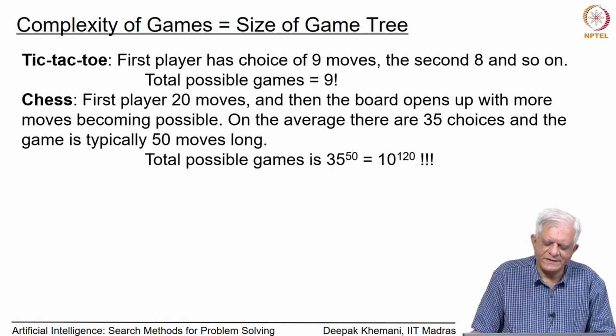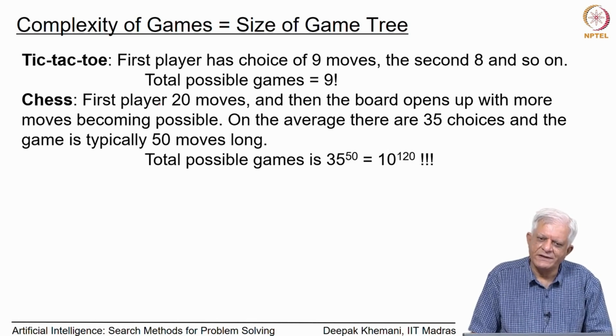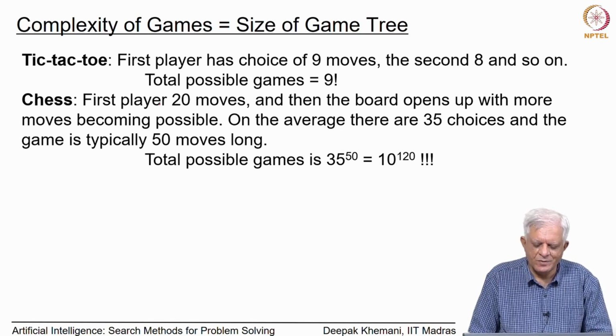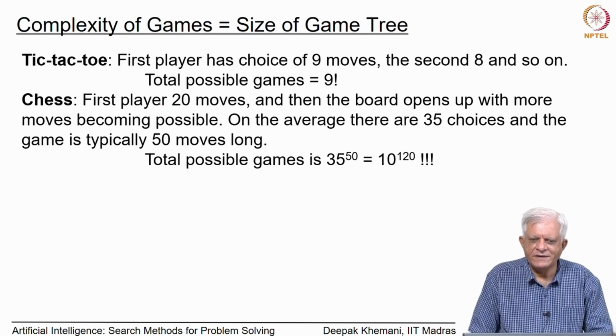But as the game progresses, the board opens up, because as pawns move forward, the pieces behind them, for example, the queen or the rook or the bishop, become more mobile and the number of moves becomes larger and larger, and it increases towards what is called the middle game.